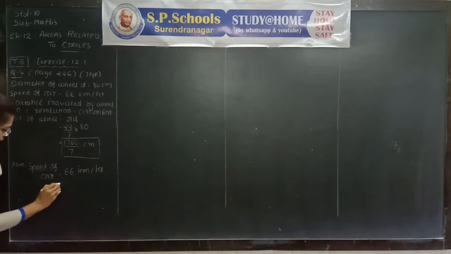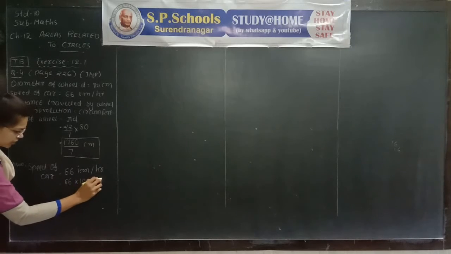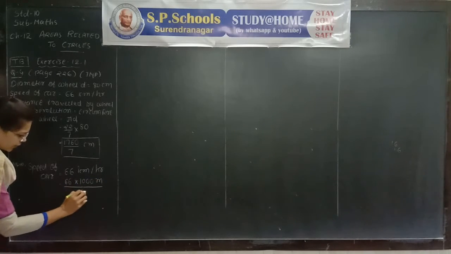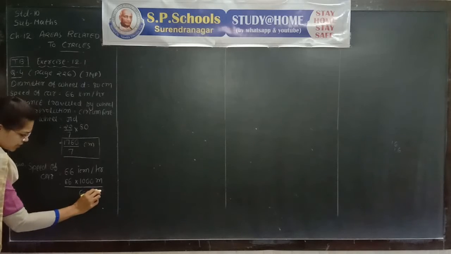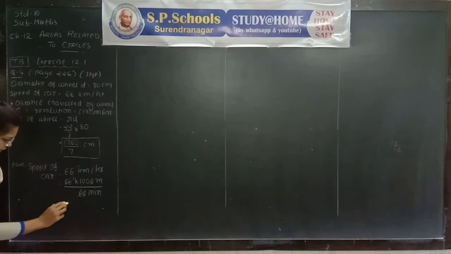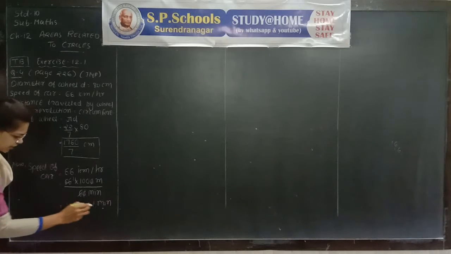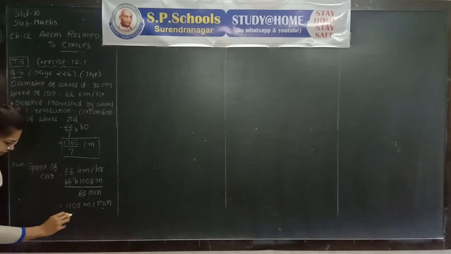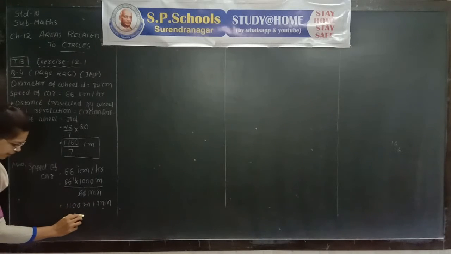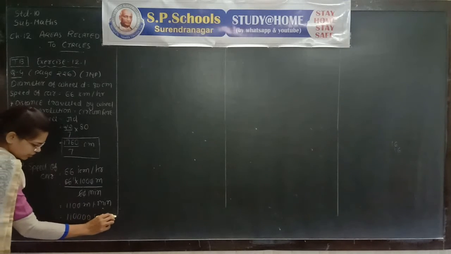So first of all convert kilometer to meter. 66 kilometer means 66 into 1000 meter upon 1 hour, converted into minutes means 60 minutes. Cancelling the zeros, 11 and 2 zeros remain. It is meter per minute. Meter is not required, we need centimeter, so multiply by 100. It is centimeter per minute.